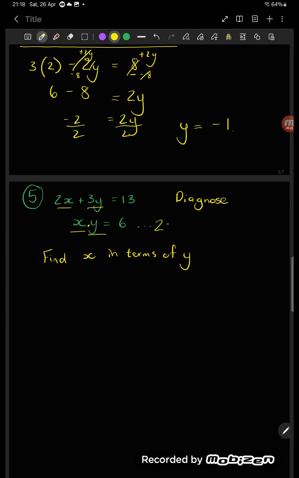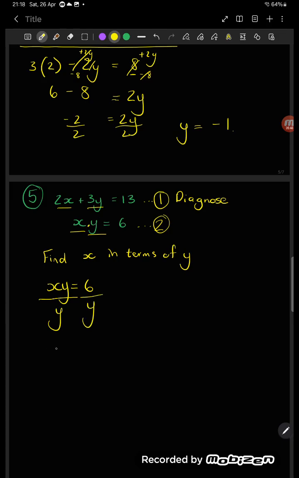So I'm going to label this as number 2 and this is number 1. I'm going to say number 2 is now x is equal to, so now I've got xy is equal to 6. I want x by itself to say x is the subject. X is the subject of the sentence.